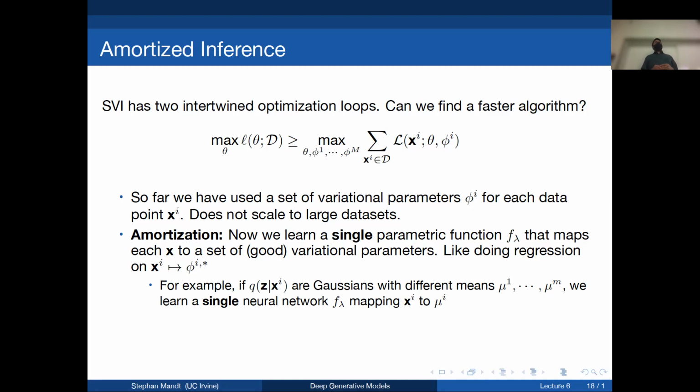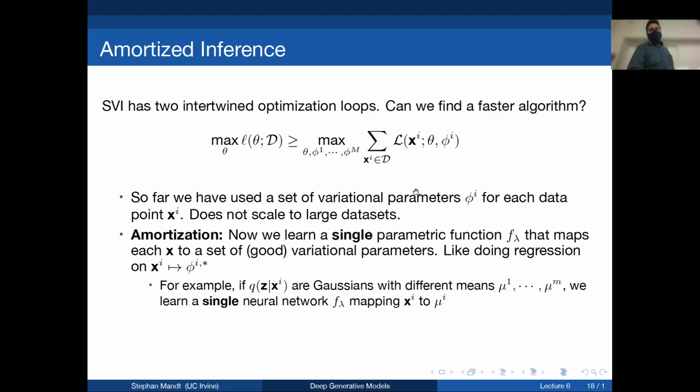Also, in time series models, you want to do inference over shared model parameters that are the same across every time step. You might have latent variables that are not specific to individual observations. Oftentimes it's a mix: you have per data point latent variables, and then you have global latent variables.